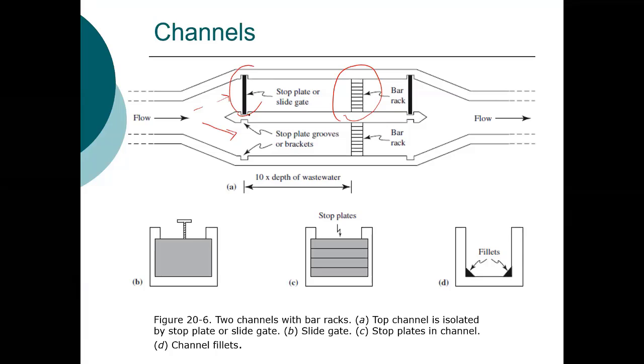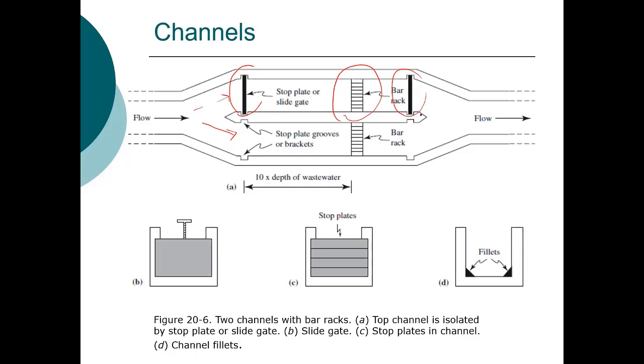And notice we have the sluice gates here so that we can isolate the channel. And that's because the bar screens have to be periodically cleaned. They're typically mechanically cleaned routinely, but often this channel has to be cleaned out. So we want to be able to isolate that channel so that we can do the cleaning.